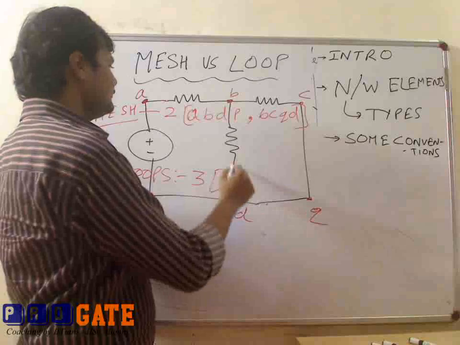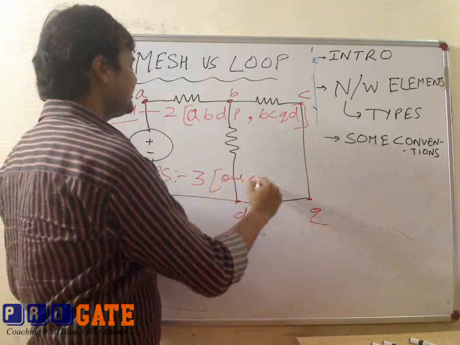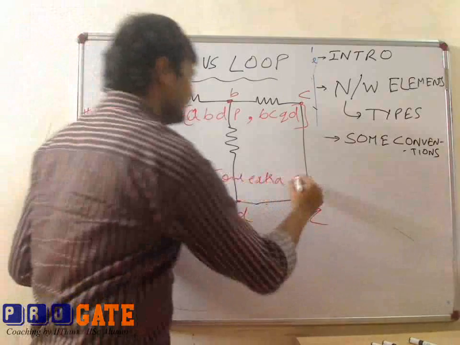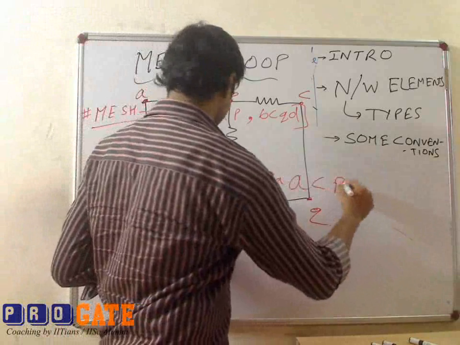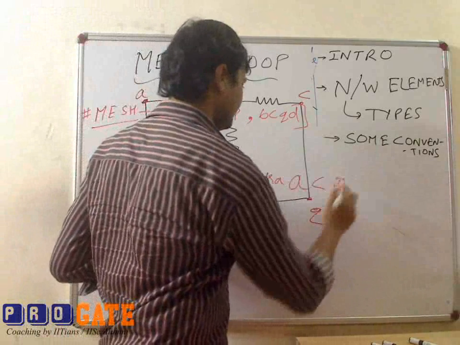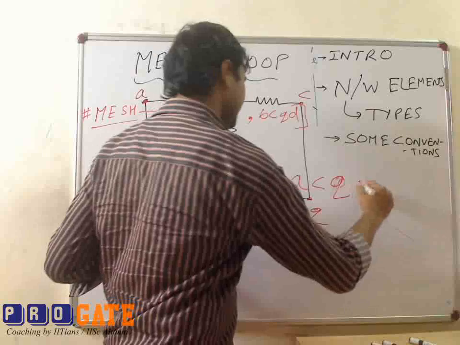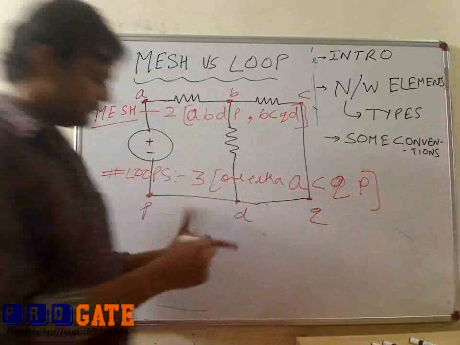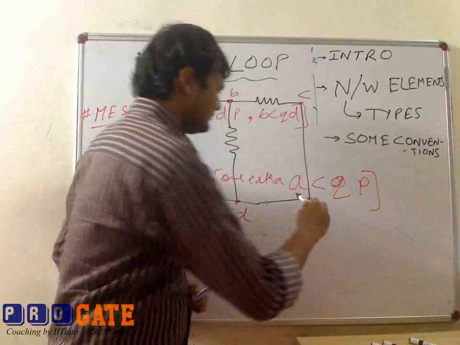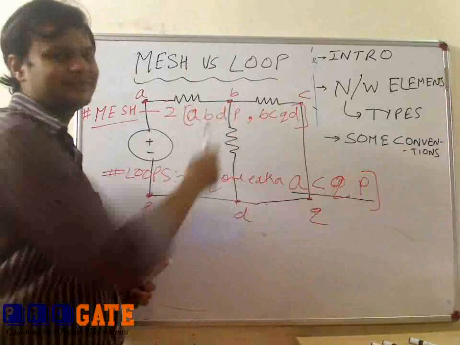This loop A, C, Q, P is the one which is extra, and the remaining 2 are the meshes also.